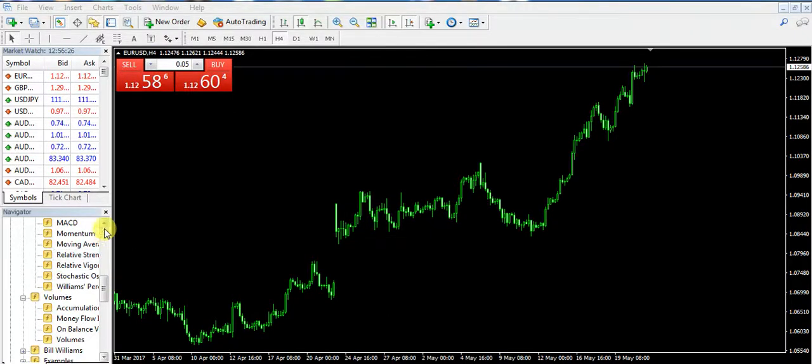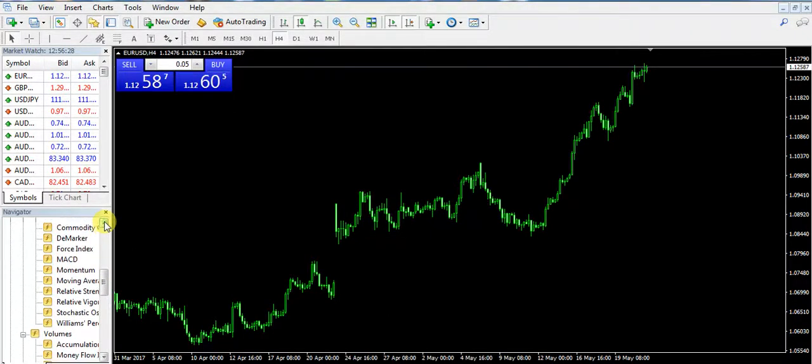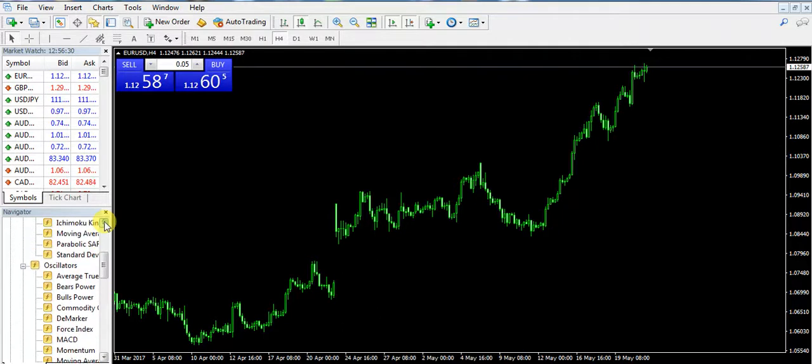Where do we find MACD? First of all, just like with every other indicator, we will find it somewhere in this entire list of indicators. You'll remember we have trend indicators, where we also looked at, for example, the parabolic SAR. The MACD, however, is an oscillator, which is a different kind of indicator. And there it is, MACD.